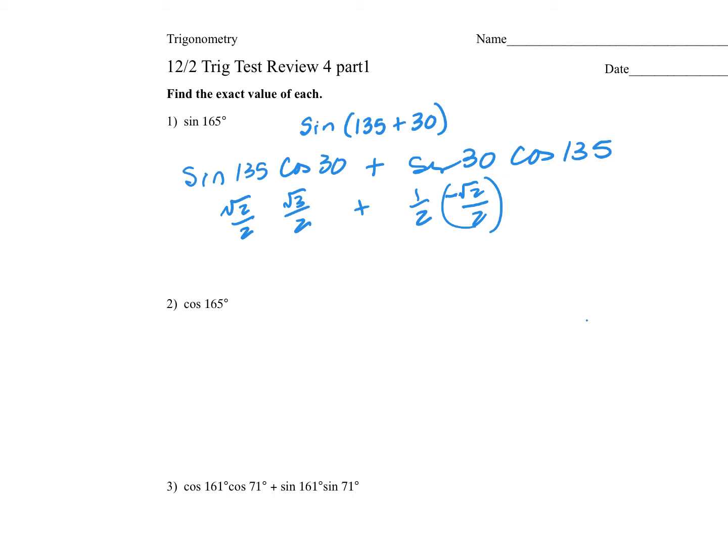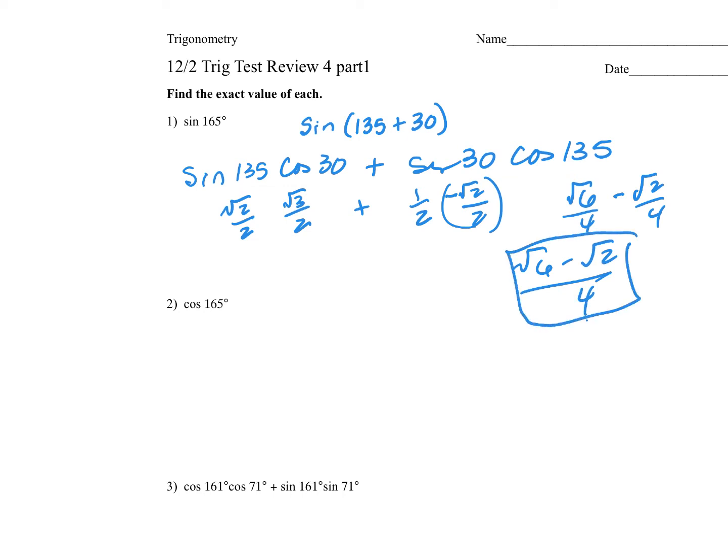So that's going to be root 6 over 4 minus root 2 over 4, which is root 6 minus root 2 over 4. You can check these by finding the sine of 165 and then keying in this ugly radical thing, and it should give you the same ugly decimal.